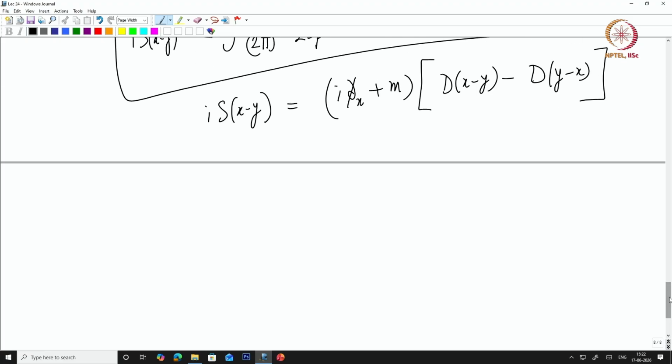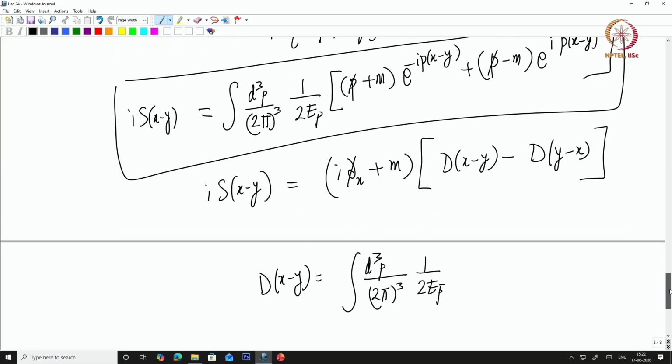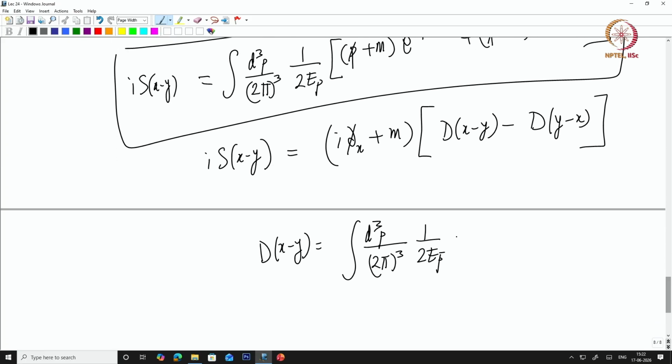Okay, where D of x minus y is equal to the integral d cube p over 2 pi cube, 1 by 2 E p, and the remaining part, essentially e power minus i p dot x minus y.